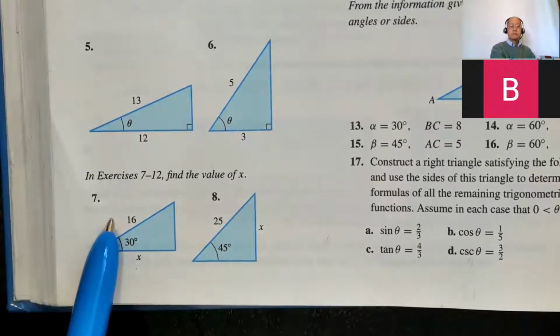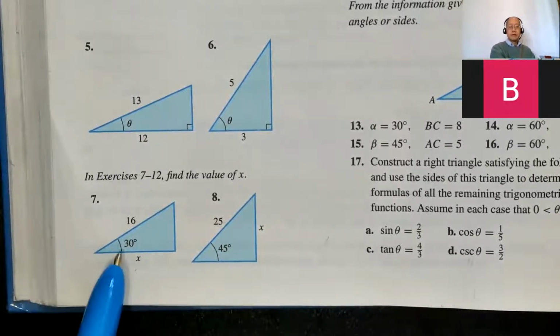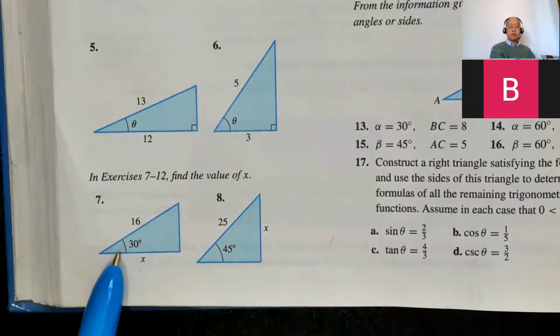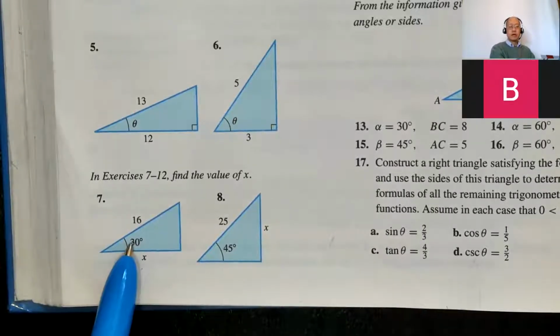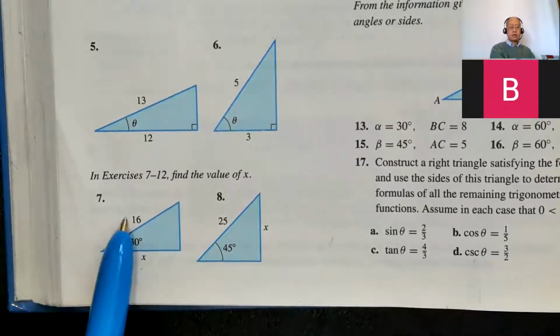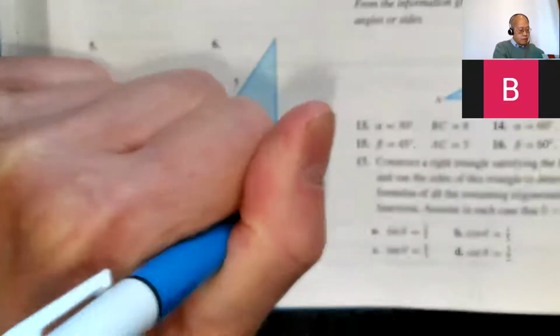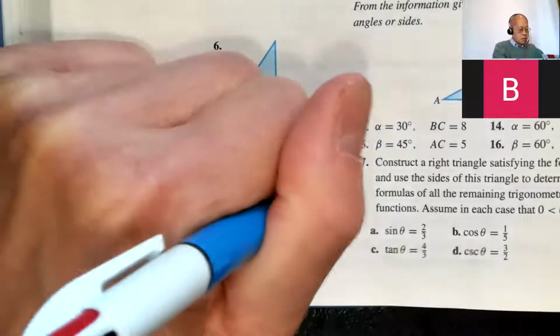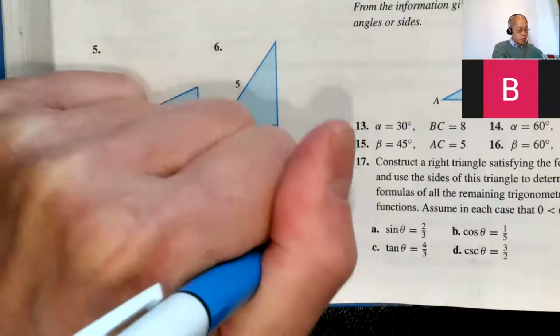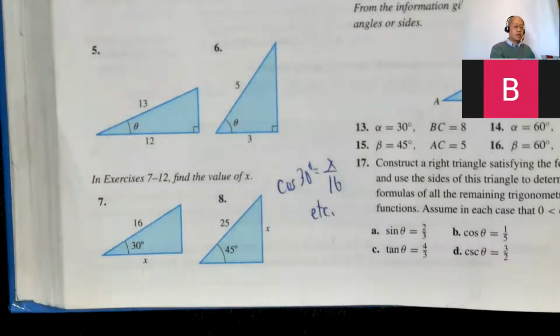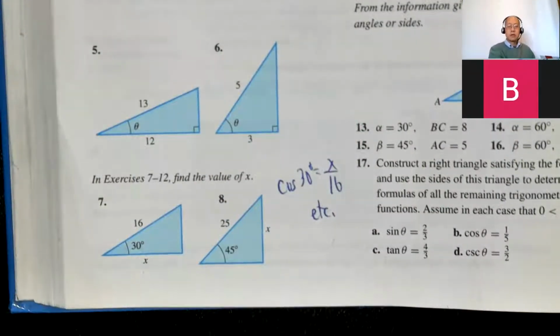Cosine. So that's a hint. I've done most of the problem there, but cosine of 30 degrees is going to be x over 16. I'll write that down. Cosine of 30 degrees is x over 16, etc. Okay, you guys take it from there.